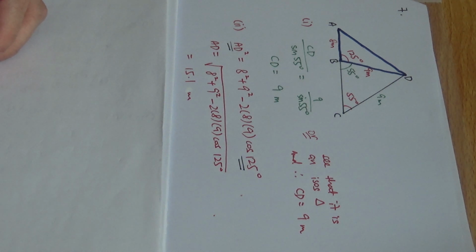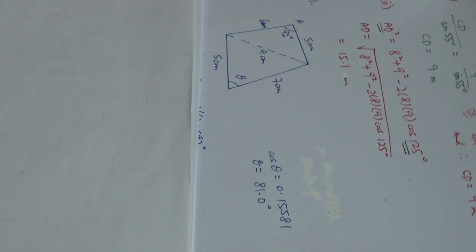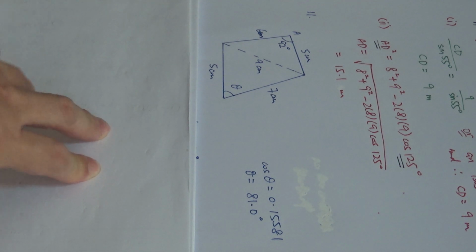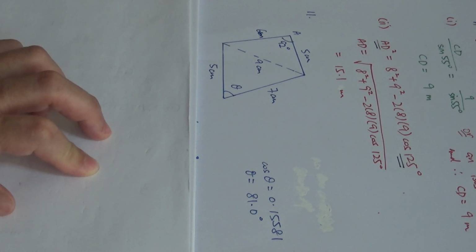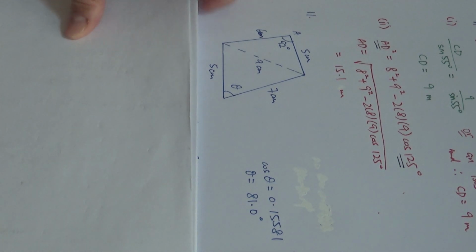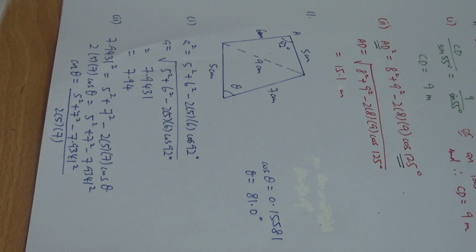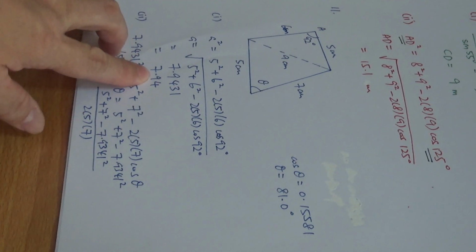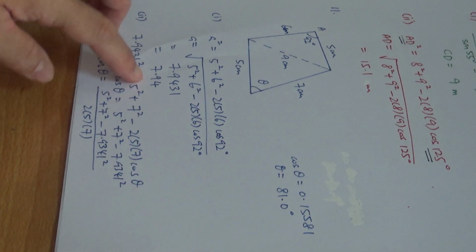Now, I'm moving on to question number 11. Okay, 11 is a short question. It says to find the value of A and theta. Now, let's find the value of A. To find the value of A, I'm applying the cosine rule, which I think most of you will not have problem with.